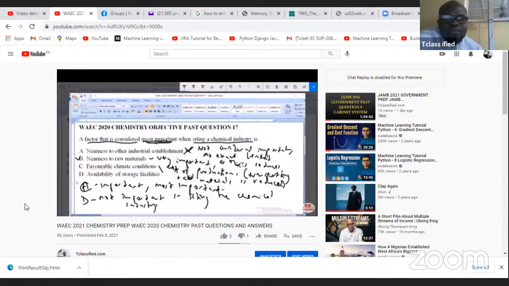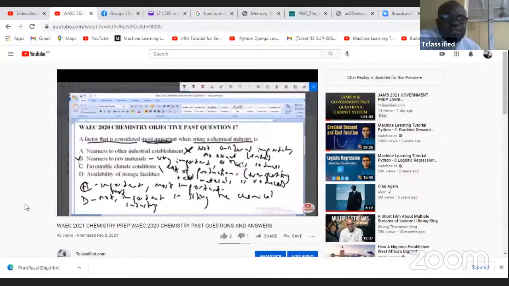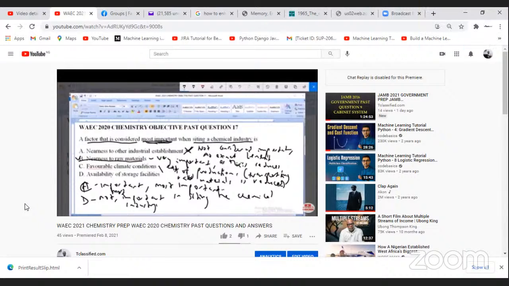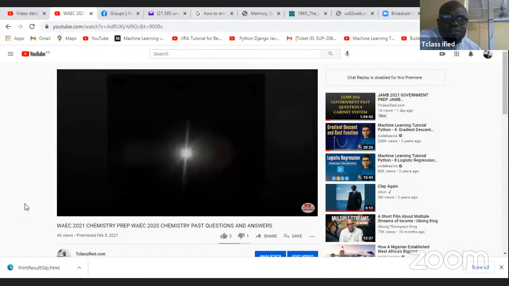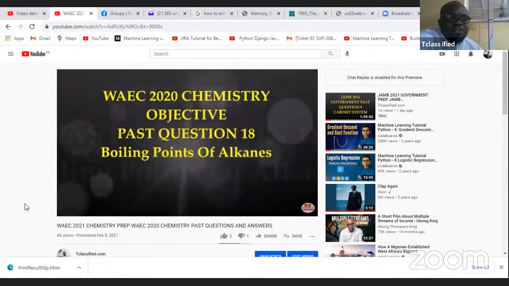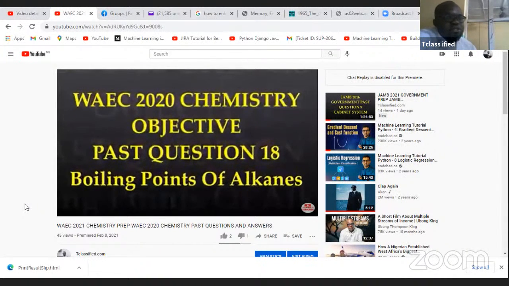Why do we have oil and gas companies in the Niger Delta? It's because that's where the oil is, isn't it? Then we have the cement factories closer to where we can get limestone. So closest to raw materials is the most important factor considered in citing a chemical industry.